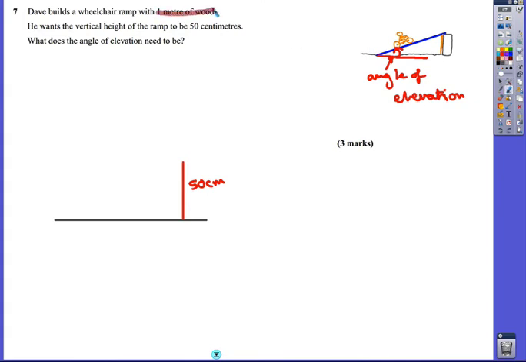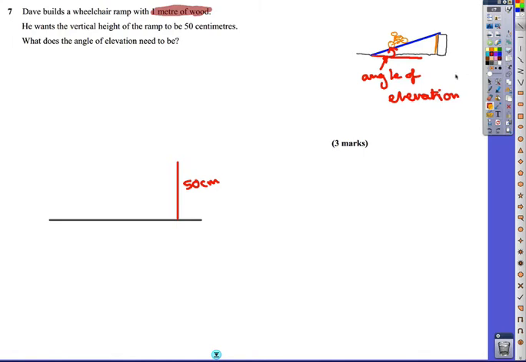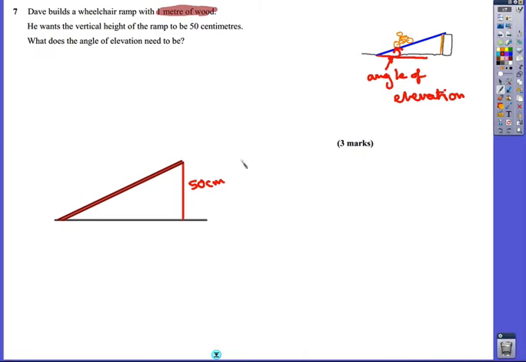So 1 meter of wood is there, from the ground to the 50 centimeters, and I'm just going to make it look like a plank of wood. So there it is. And we're trying to work out the angle of elevation from the ground to the ramp. We're going to call this theta degrees, and this wood is 1 meter.